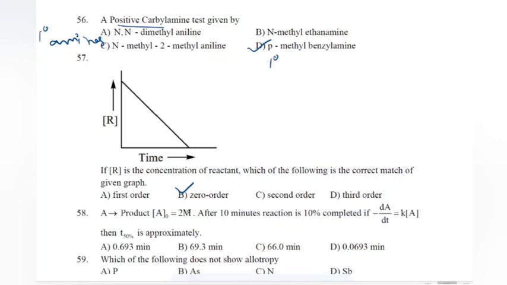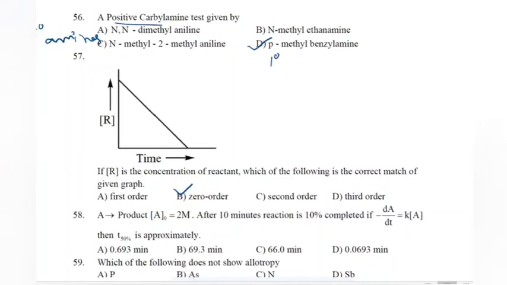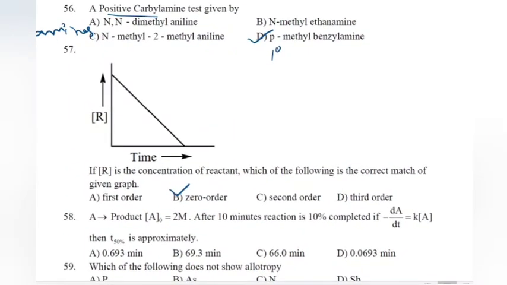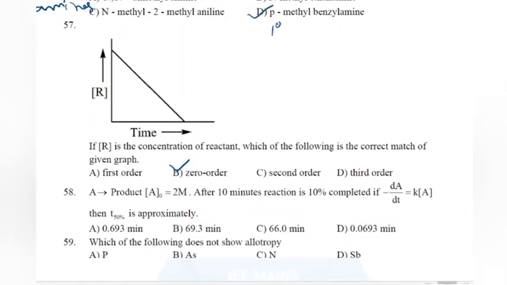Especially in the case of chemical kinetics and thermodynamics, especially in chemical kinetics, you will get graph type questions frequently in the mains. So just concentrate on the graphs in the chemical kinetics chapter. Let's move to the next one.